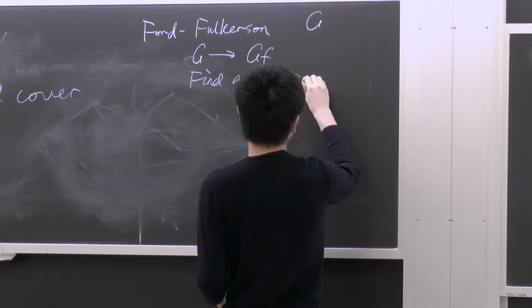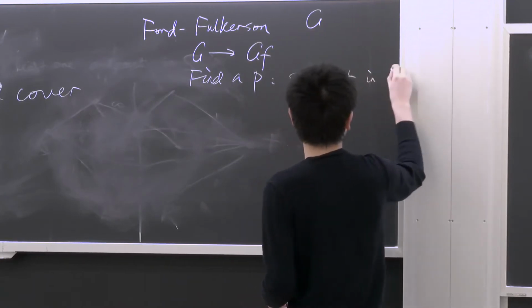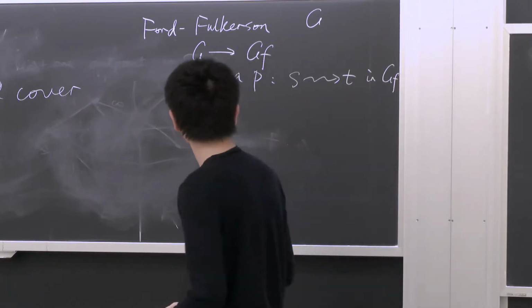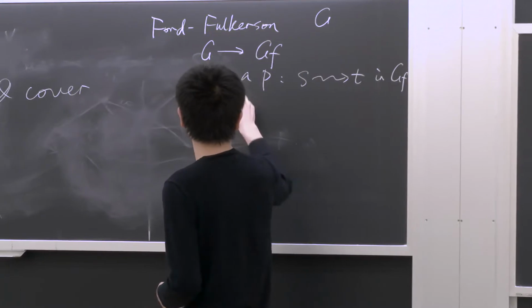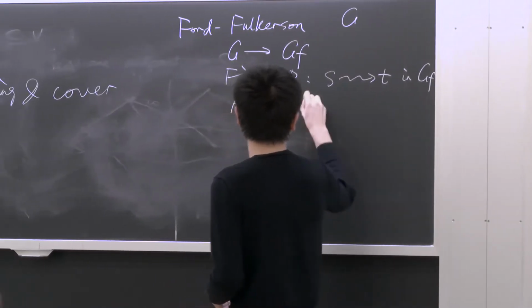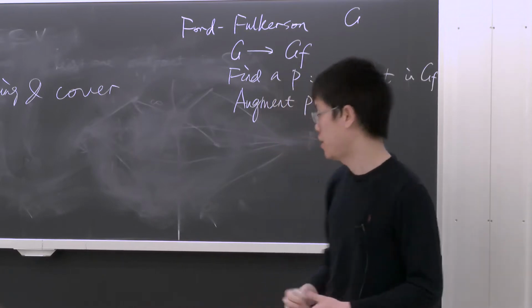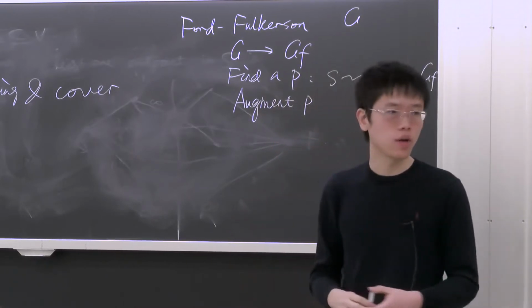going from source to sink in this residual graph, and then augment this path. Augmenting just means increasing the flow on that path.